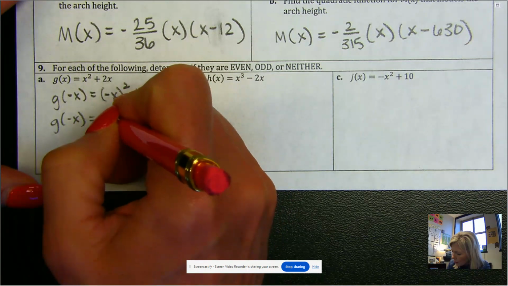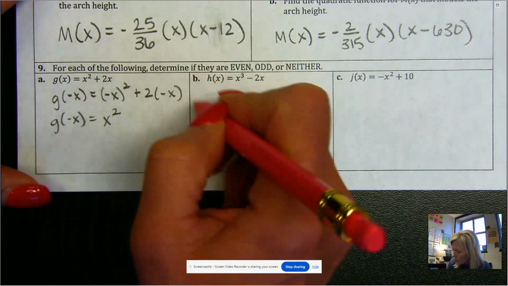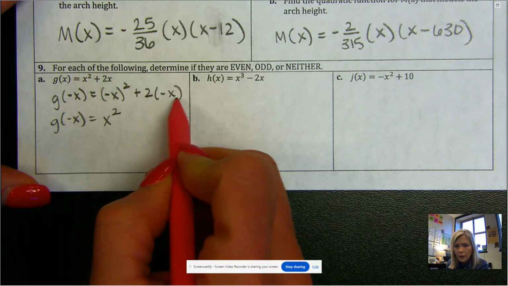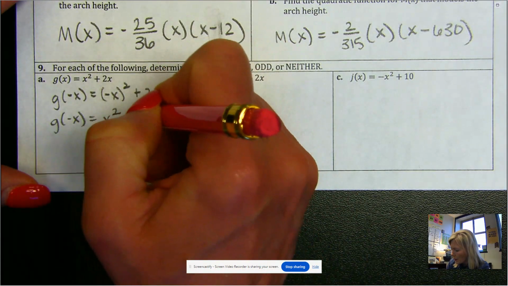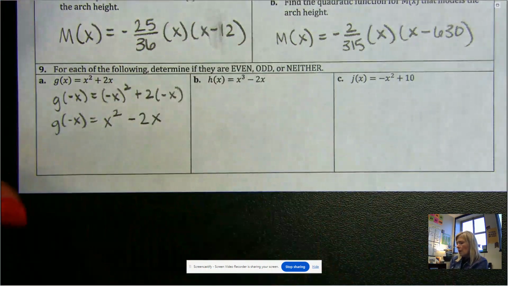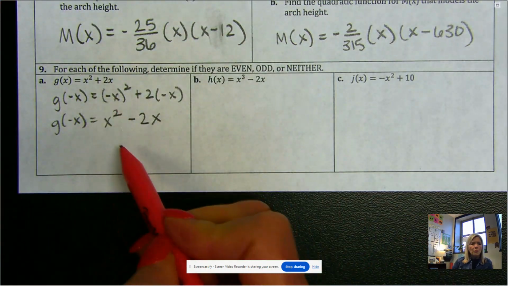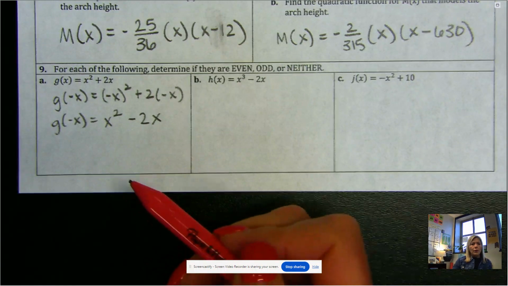Negative x squared is equal to x squared. And then 2 times negative x is negative 2x, which changes the plus to a minus. And so this is not the same as what we started with, so it's not even.